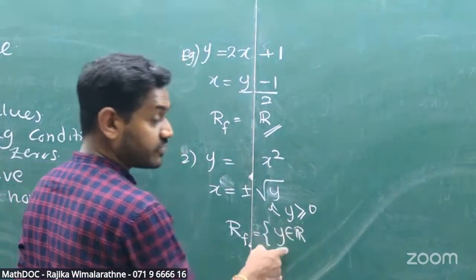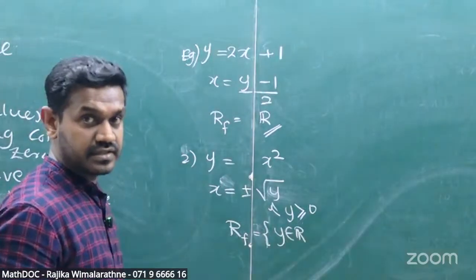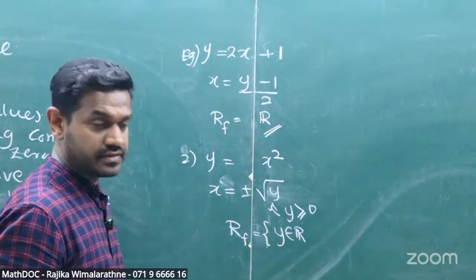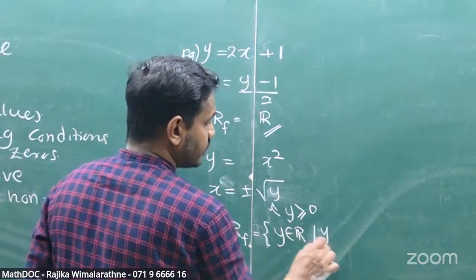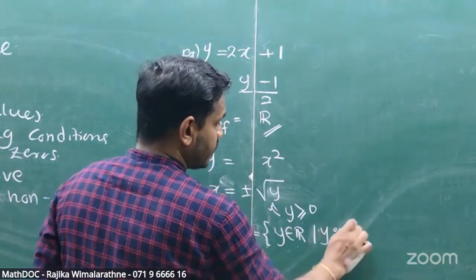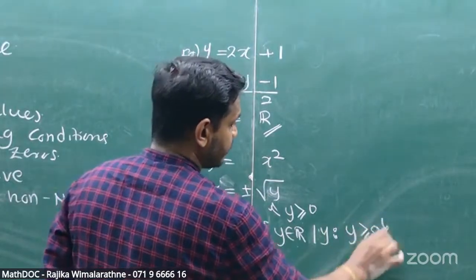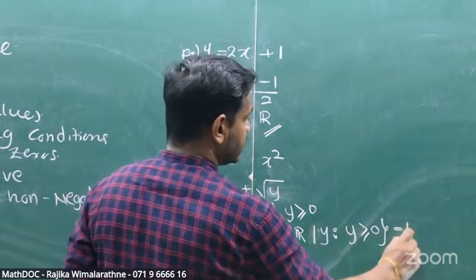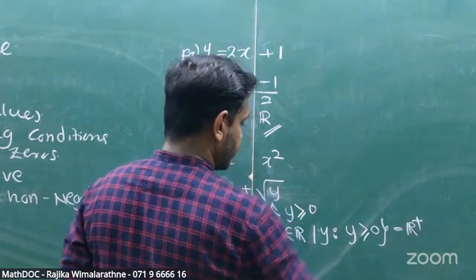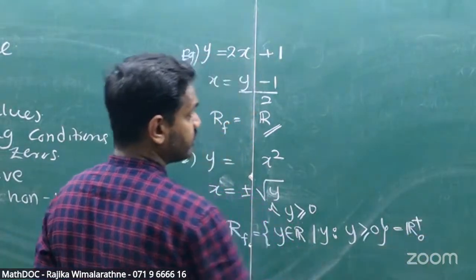Finding the range means we discuss y values, so y such that y is greater than or equal to 0. This is our range. We can also write it as the positive real values and 0.